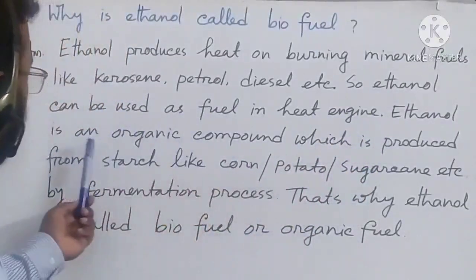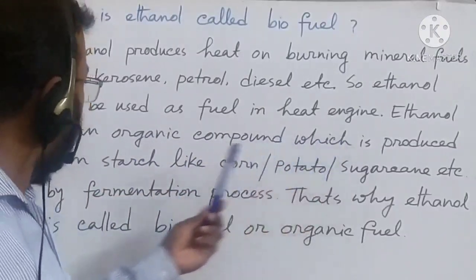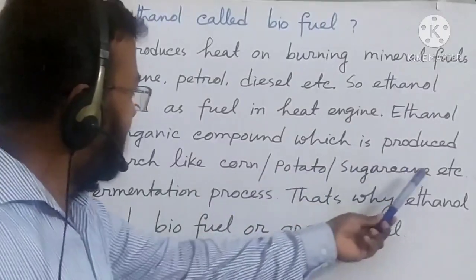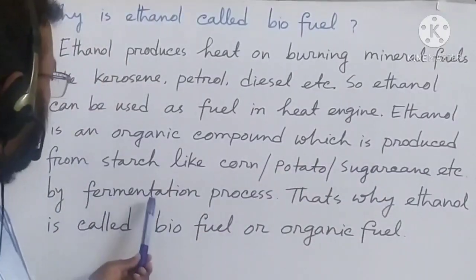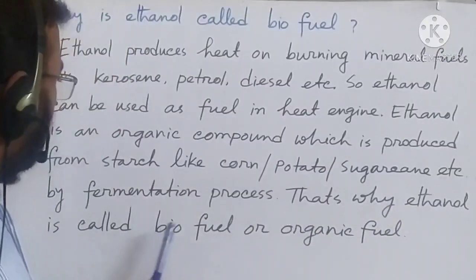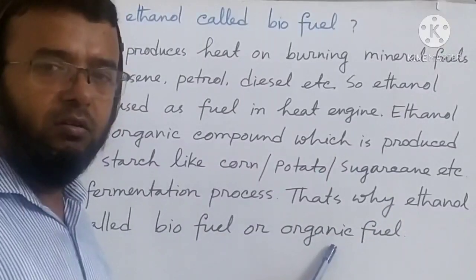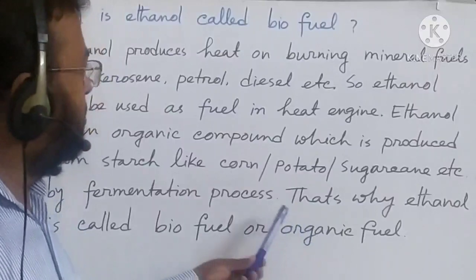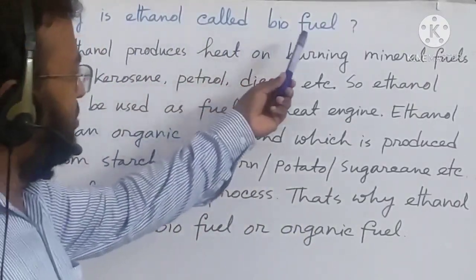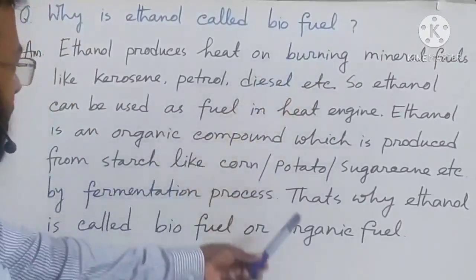Again, ethanol is an organic compound which is produced from starches like corn, potato, sugarcane, etc. by fermentation process. So that is why ethanol is called biofuel or organic fuel. So all of you see why ethanol is called biofuel or organic fuel.